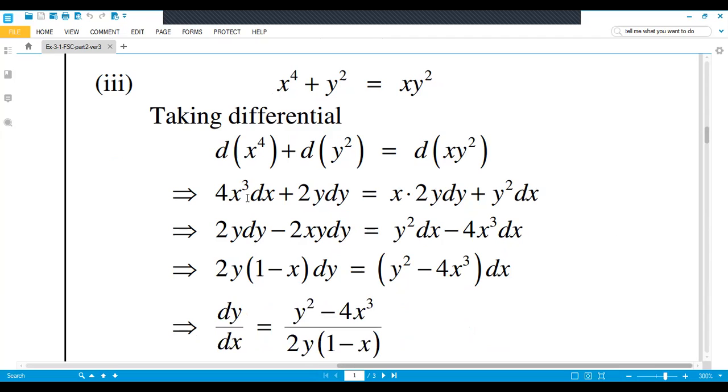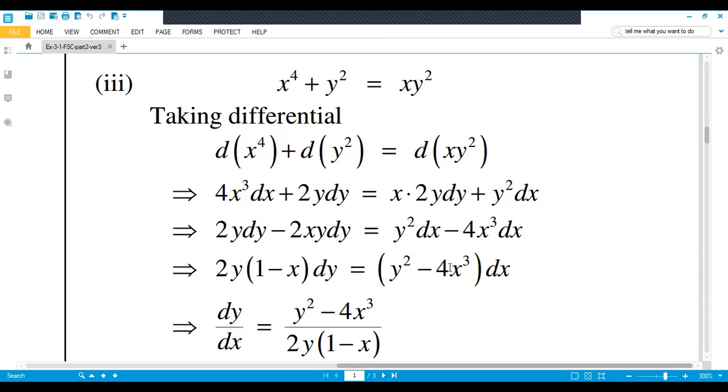Here 4x cube dx is positive, shifted to the other side it will be negative. Here 2x y dy is positive, shifted to this side it will be negative.